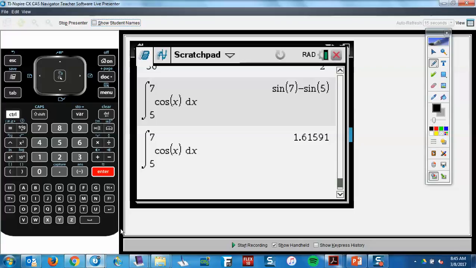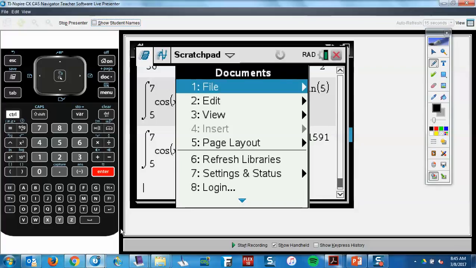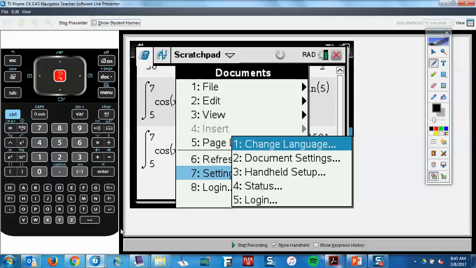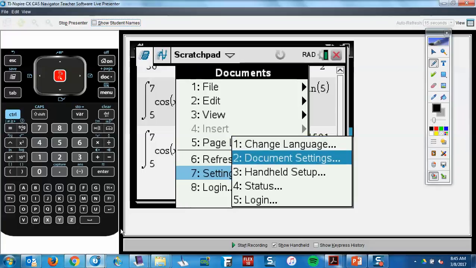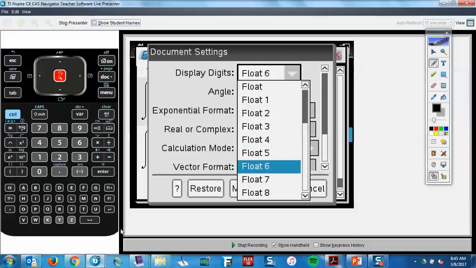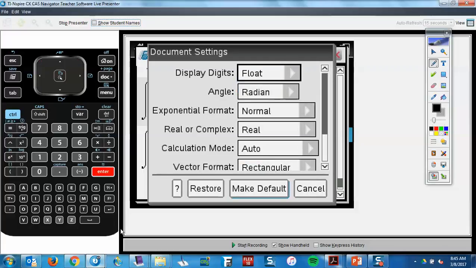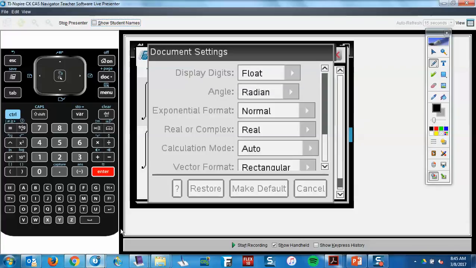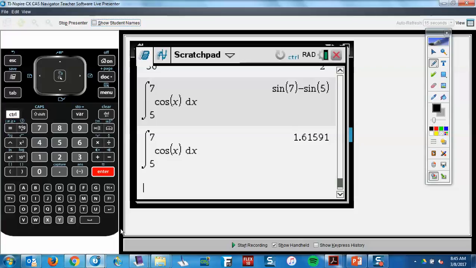Go to doc settings, document settings. Change that float to just plain old float, so then you get like 12 decimal places. Hit control enter again.